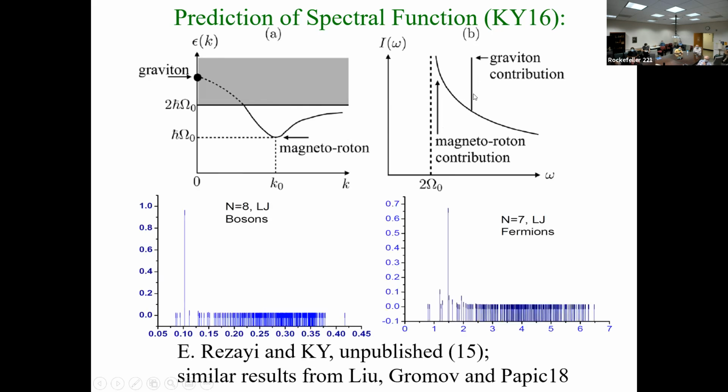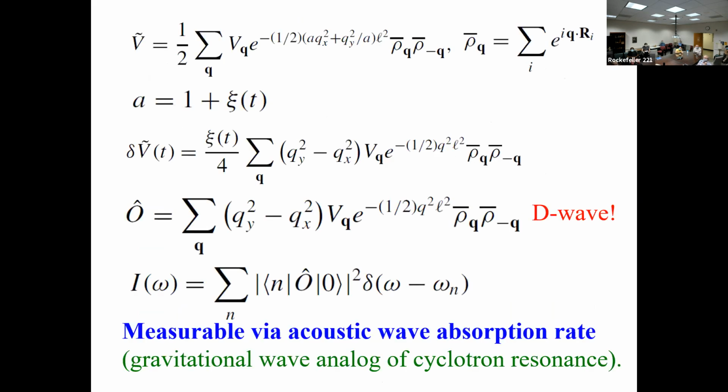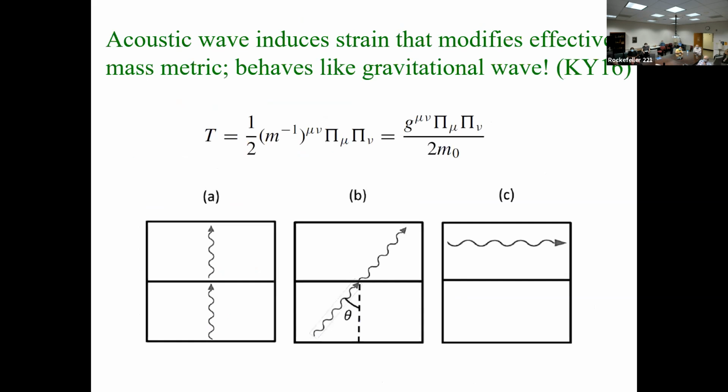So we have done numerical calculations for this essentially linearly polarized gravitational wave, and we indeed found very sharp graviton peaks. However, the original way of doing things does not reveal the chirality of the graviton.